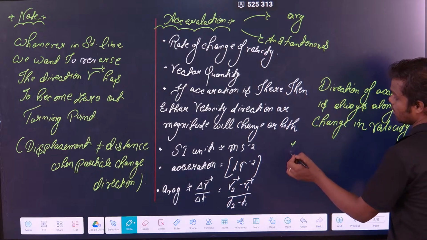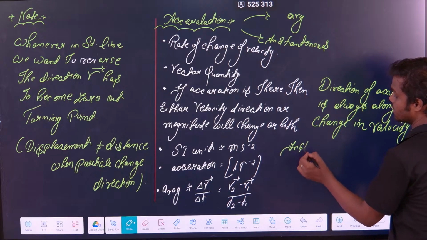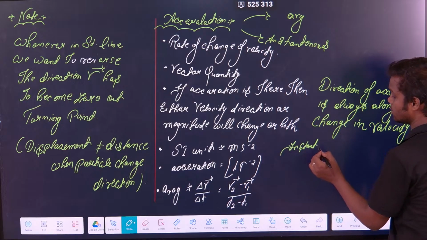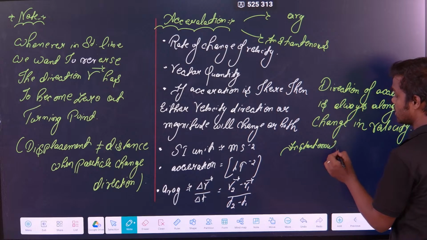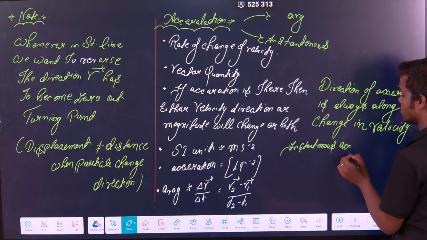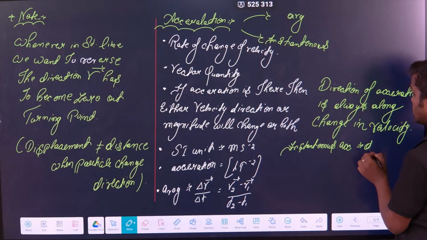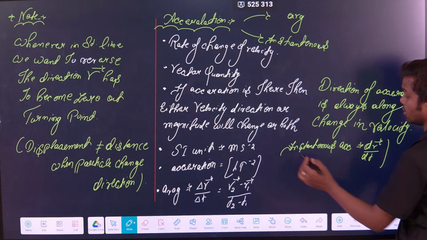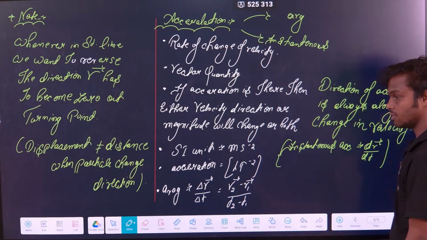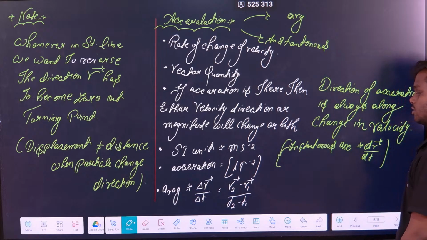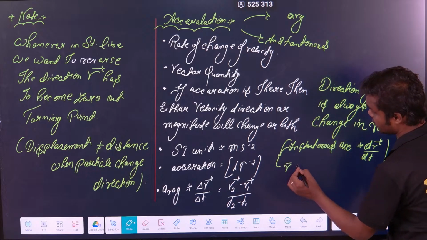Similarly we have instantaneous acceleration. If I ask you what instantaneous acceleration is, what will you say? It will be dv by dt vector. Clear? But what is the v vector?